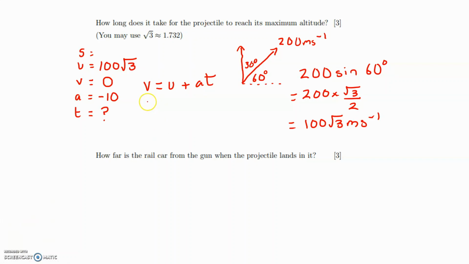Our final velocity at the highest point is 0. The initial velocity is 100 √3, and the acceleration is 10. So just rearranging that, -10t equals -100 √3.